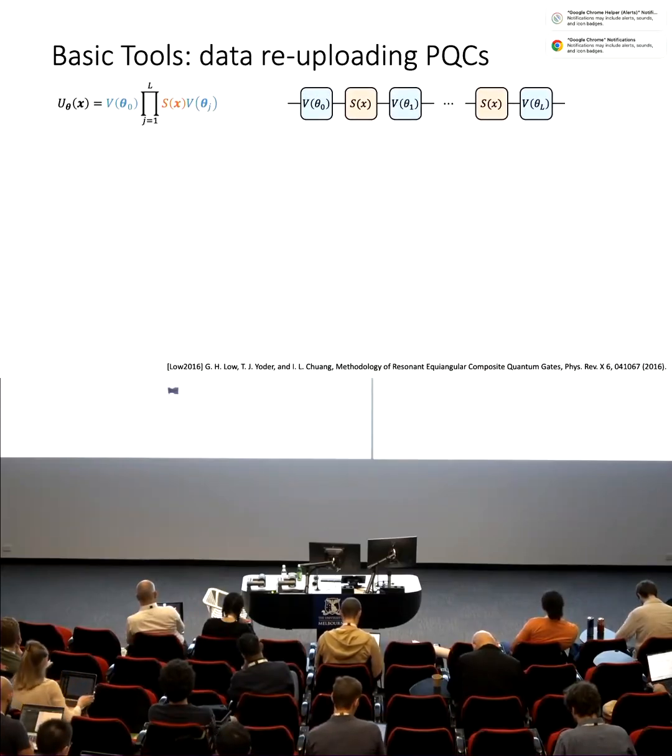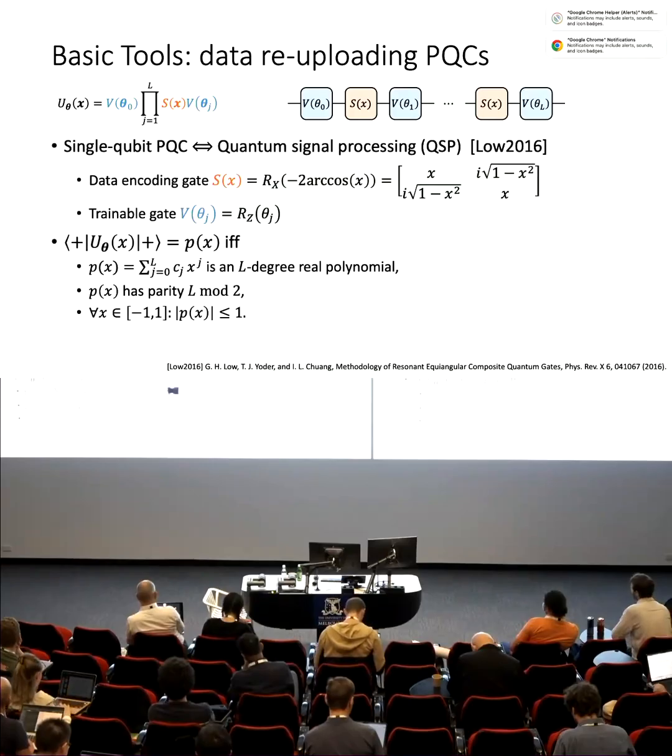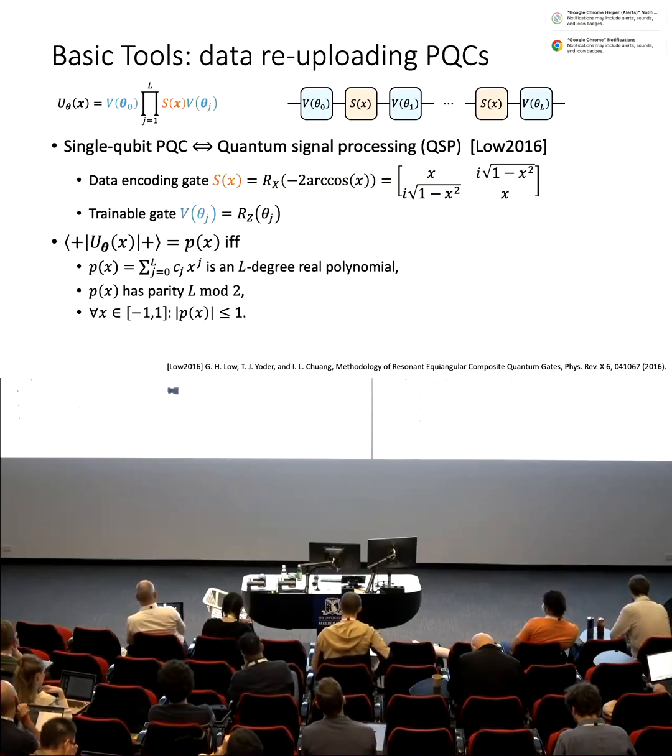If we replace the multiple-qubit one with a single qubit one, we can find that it can be identified with the technique called quantum signal processing, which is widely used in quantum algorithm design and Hamiltonian simulations. Once we consider the single qubit case, we set the data encoding gate to be the Rx rotation gate, and the trainable gate to be the RZ rotation gate.